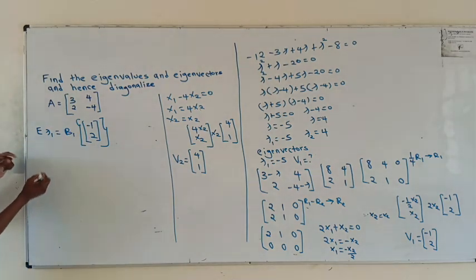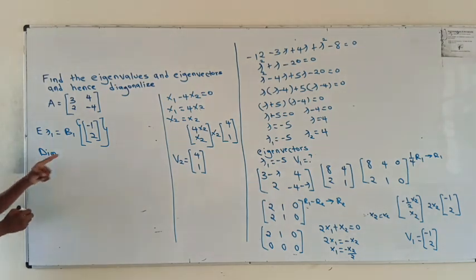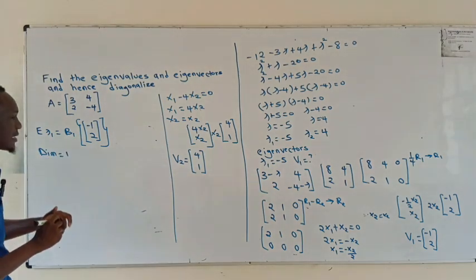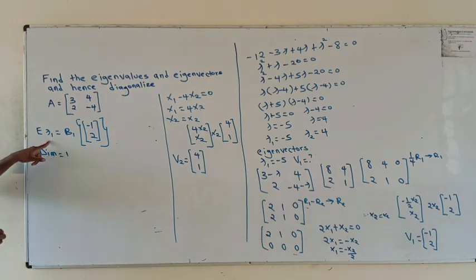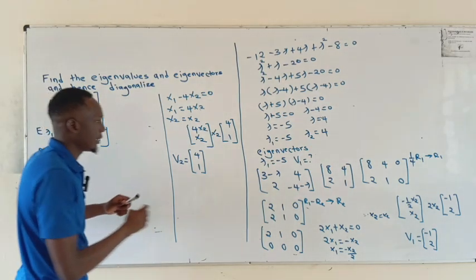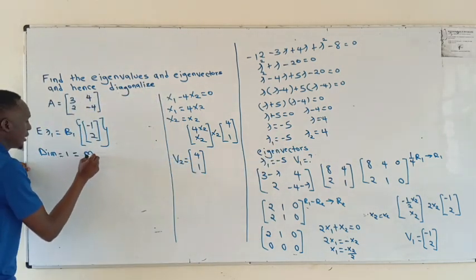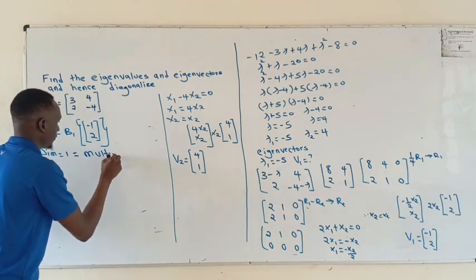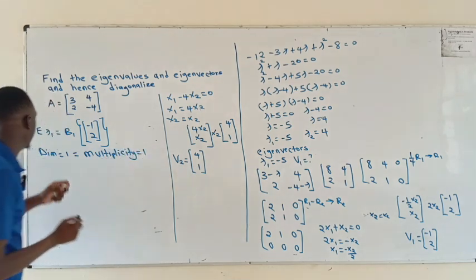We realize that the dimension is equal to 1, which is the same as the multiplicity of lambda 1, which is 1. So it's equal to the multiplicity.